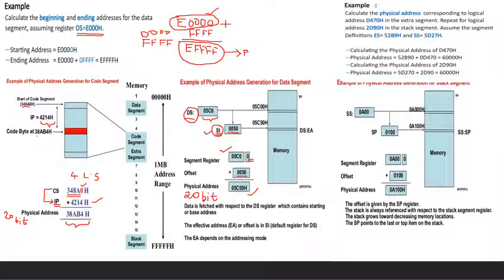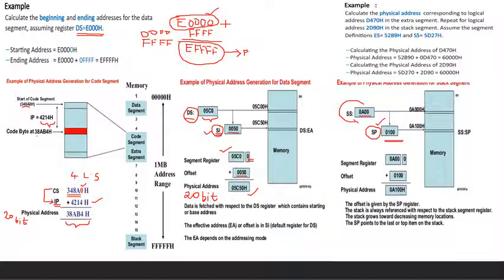Now let us see an example of generating a physical address for the stack segment. The stack segment is holding a value of 0A00, and the offset address of the stack segment will be in the stack pointer. The stack pointer is holding 0100. The stack segment is 4 bits left shifted.